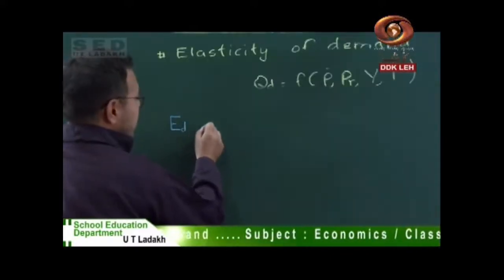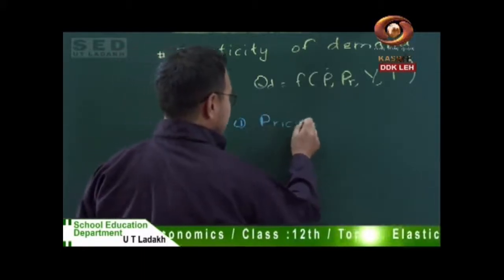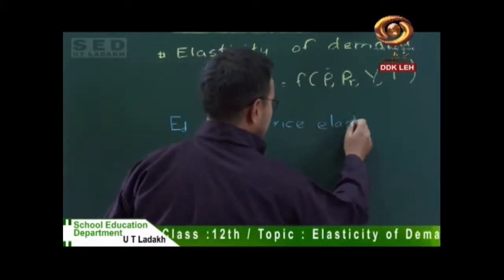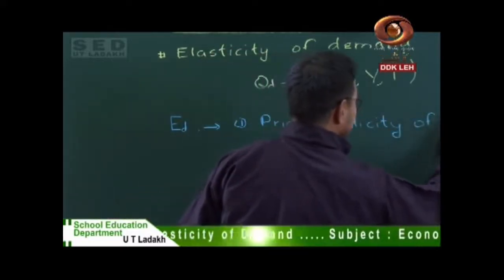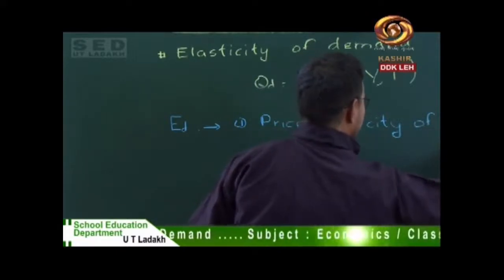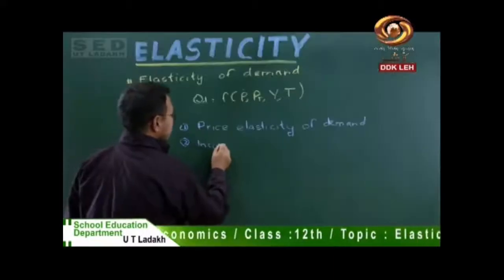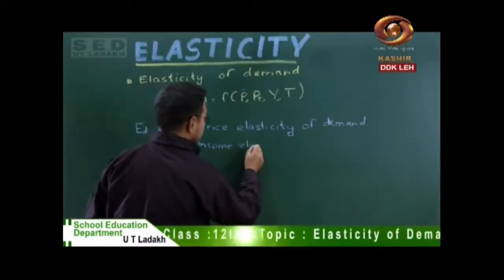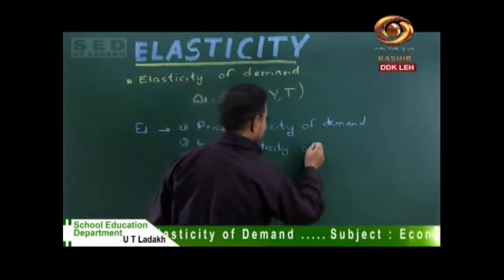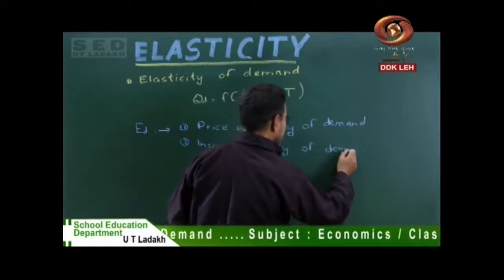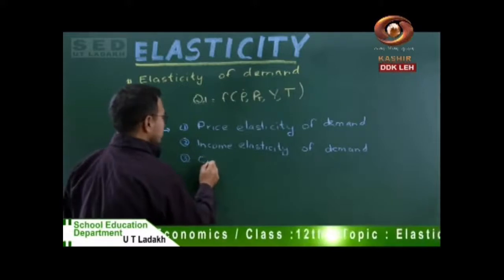Elasticity will be further divided into first, price elasticity of demand, and then you also have income elasticity of demand, and then you have cross price elasticity of demand.